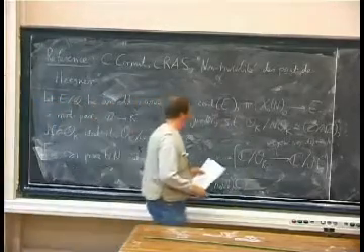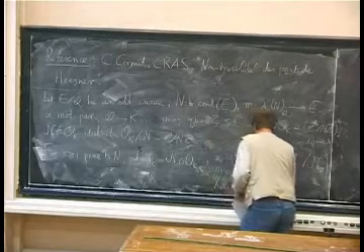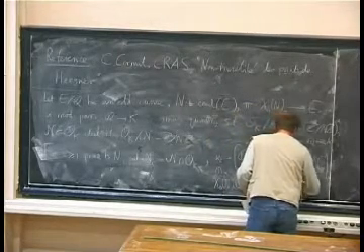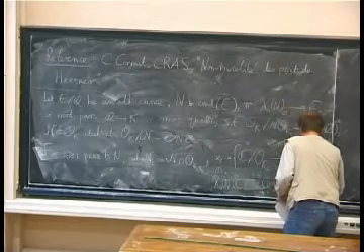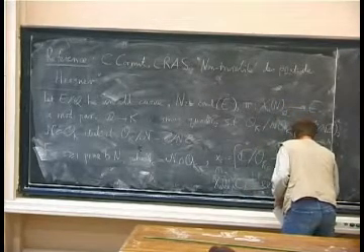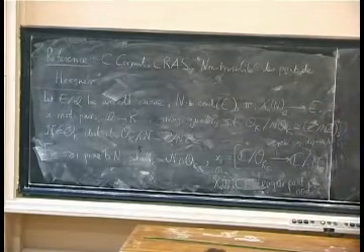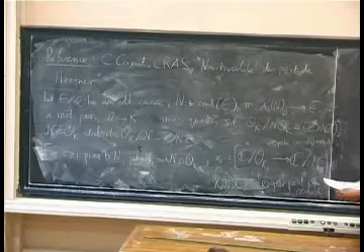And this is called a Heegner point on X_0(N) of conductor c.